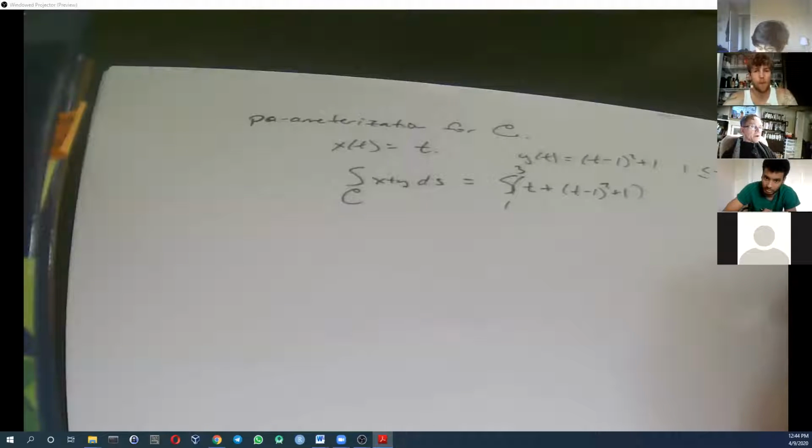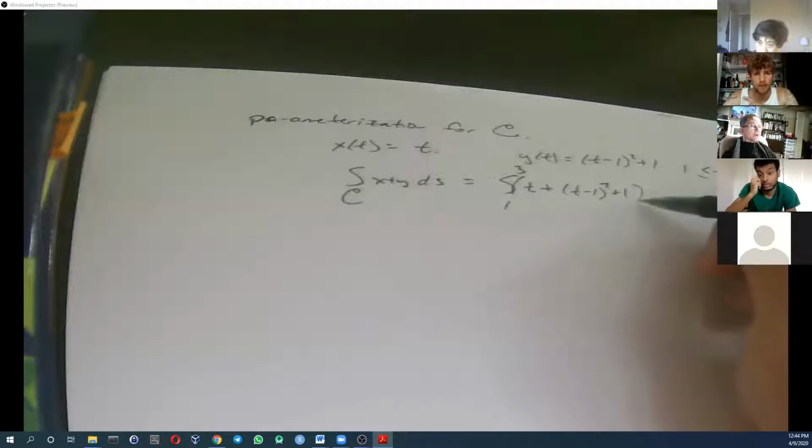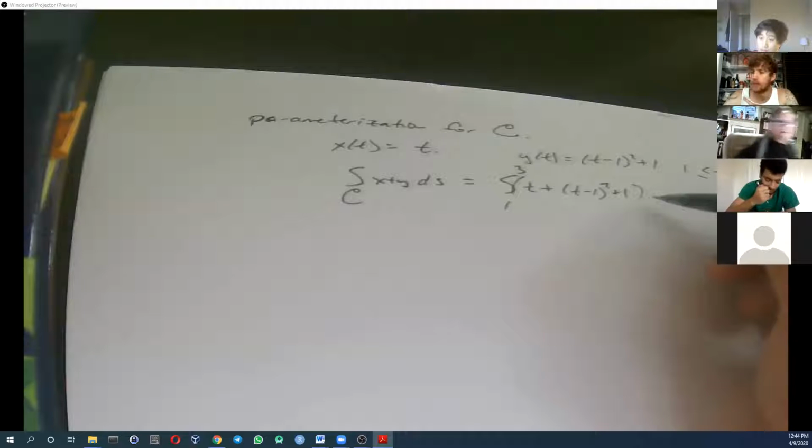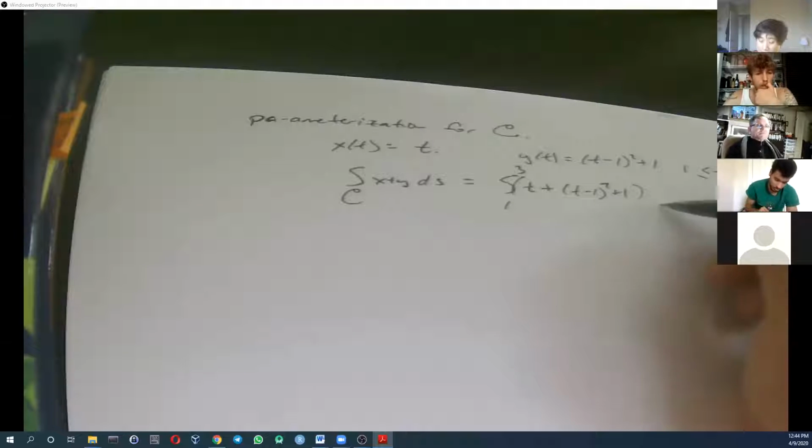What are we missing here? We evaluate the function. What else do we need? We need our length term, right? We're integrating with respect to arc length. So how do we organize arc length with respect to t?